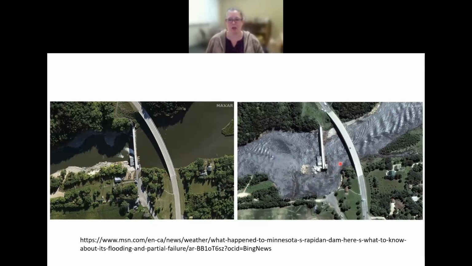It started carving out the sediment, the bank material on this side of the dam. And I won't really get into why this happened, except that this was a very large event that came on very quickly, and it was really unlike anything that we'd seen on the Blue Earth River in the past.